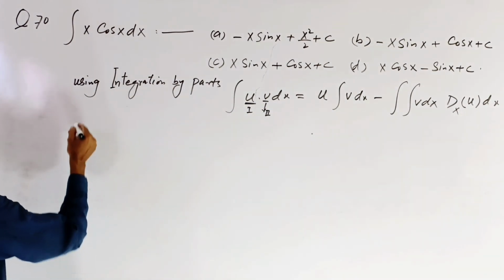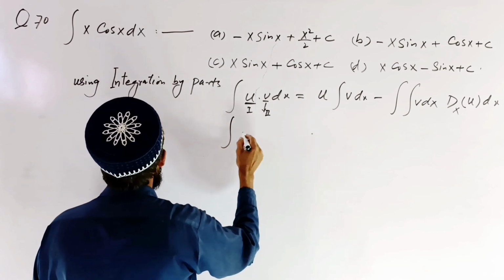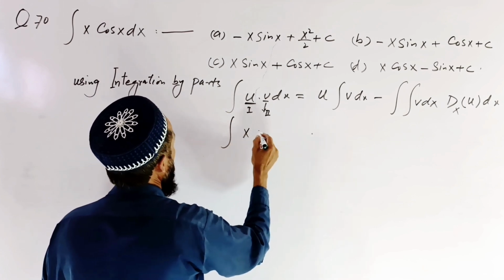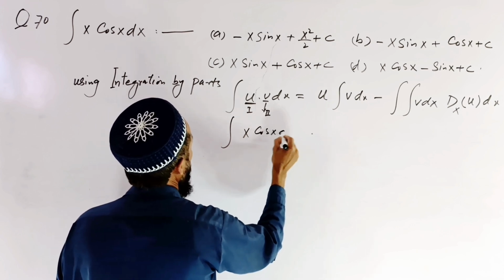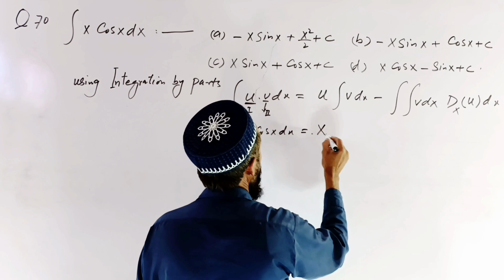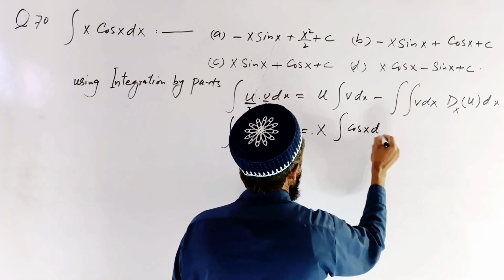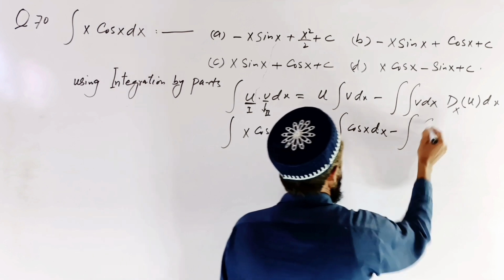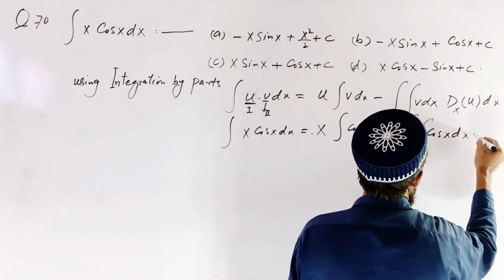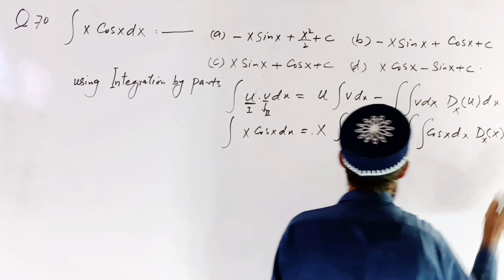According to this formula, if we open this, integration of x cos x dx. So the derivative of x we easily find, the integration of cos x dx, and the double integration of cos x dx, the derivative of x and dx.